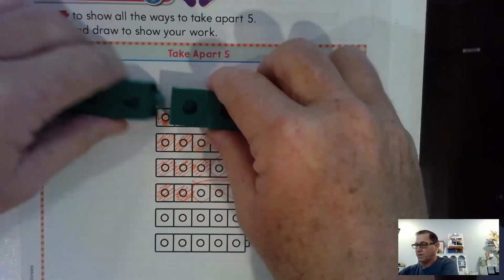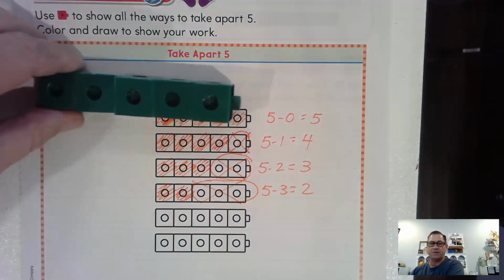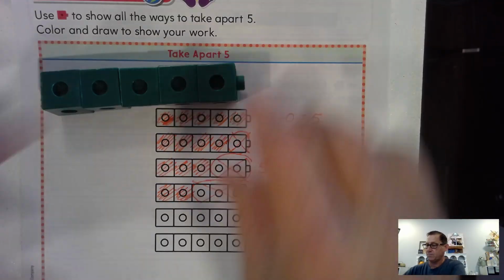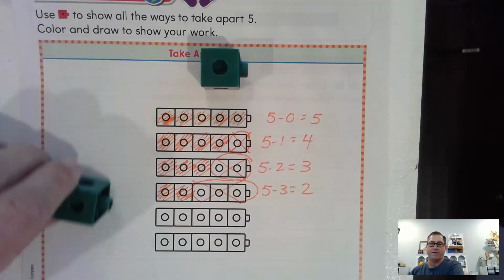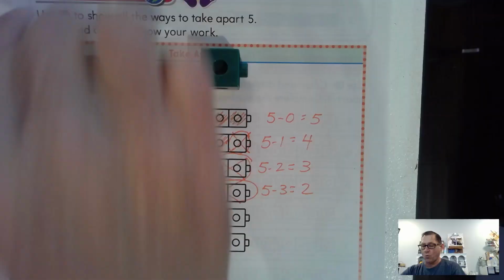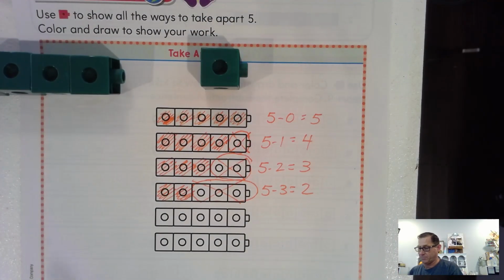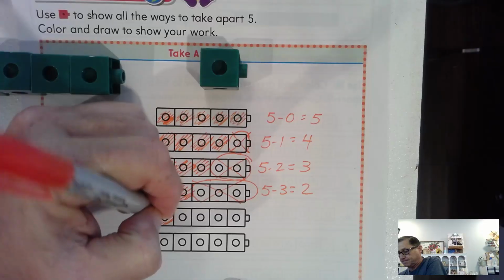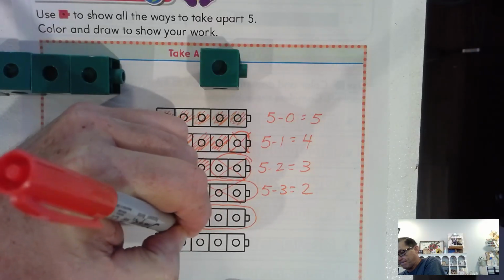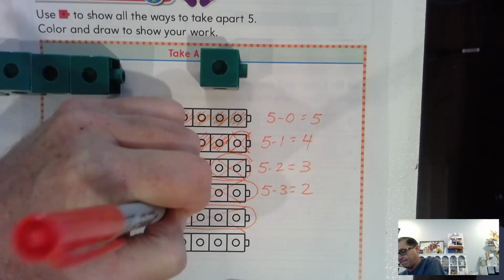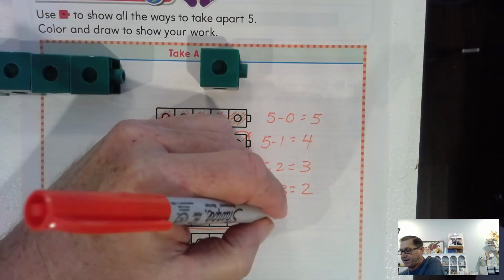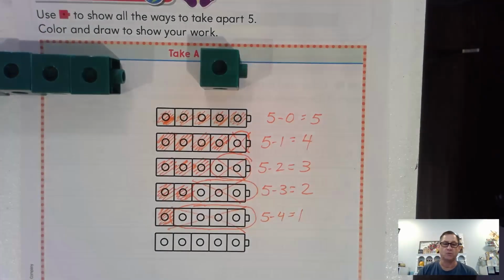Okay, let's put our 5 back together. What's another way we could take apart 5? Well, this time we could take 4 away, right? If we took 4 and gave them to her sister, we'd be left with 1. Okay, and so our subtraction problem for that one would be 5 minus 4 equals 1.